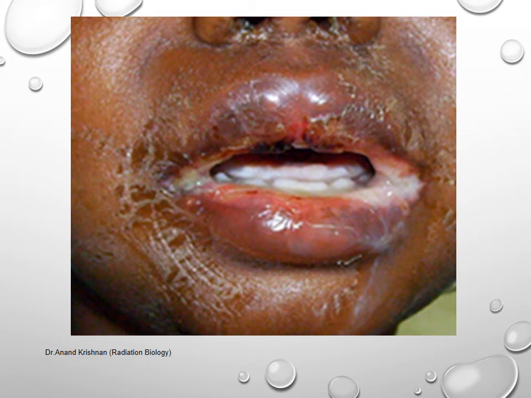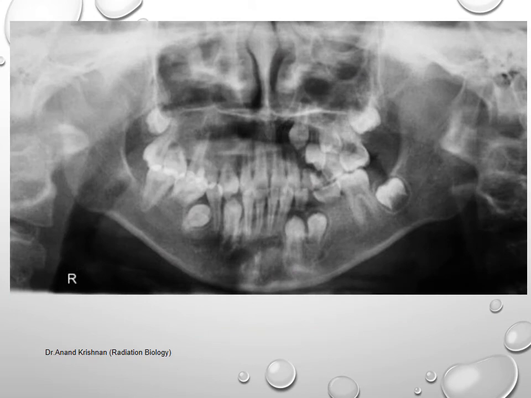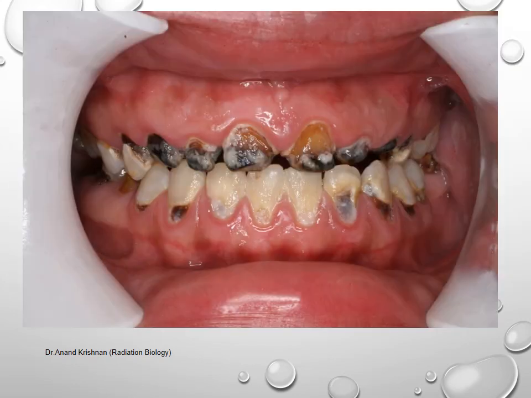This picture explains radiation induced mucositis, with ulceration formed, and this one explains radiation induced caries. You can see that radiation induced caries either involves the entire tooth or occurs along the cement enamel junction of the tooth.